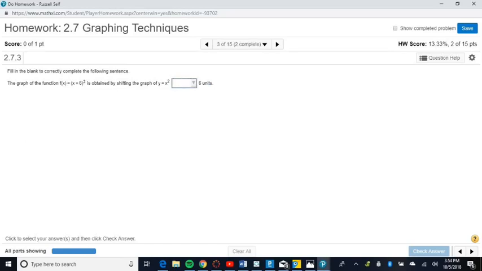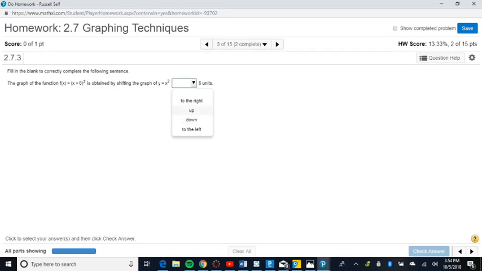So think about, if it was just adding 6 to an x squared, that would mean a positive, so that would mean up. So let's look at our choices here, because again they give us multiple choice. We know that this isn't just adding 6 because it's in parentheses. We're squaring that whole thing. So we need to take the 6 away from the x, which gives us negative 6. And since it's not just adding 6, we know it can't be up or down.